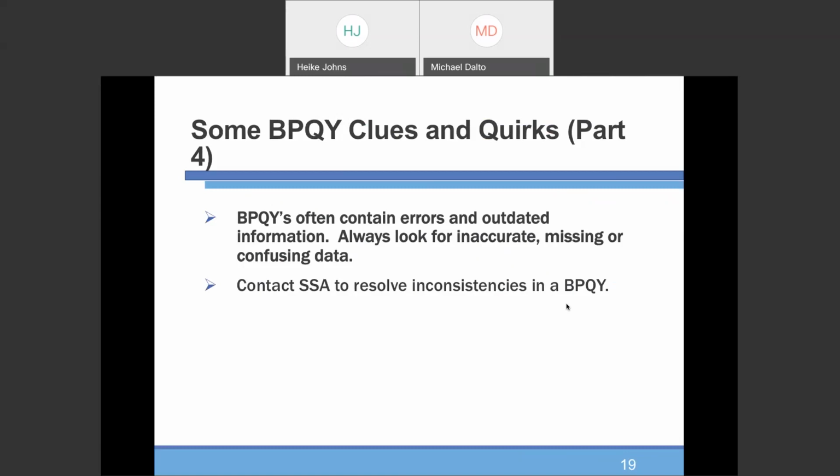It's likely that that's the amount the person's actually receiving and that there's a reason the SSI is reduced, and you'd want to investigate that. But if you can't find any reason for that reduction in SSI, you'd want to contact Social Security and see if they have a reason. So if you find any inconsistencies in the BPQY, you always want to contact Social Security to get them resolved.